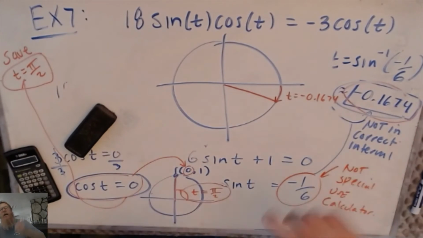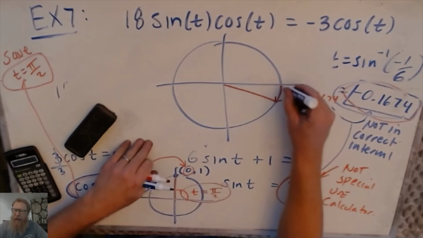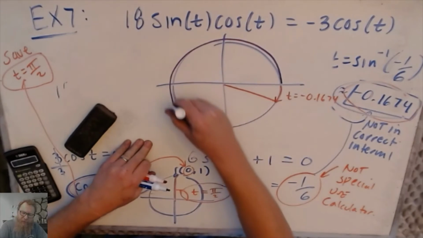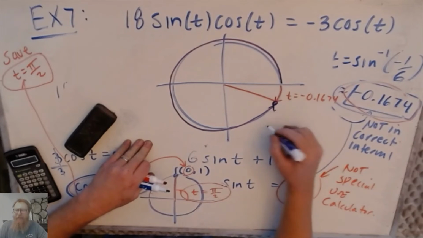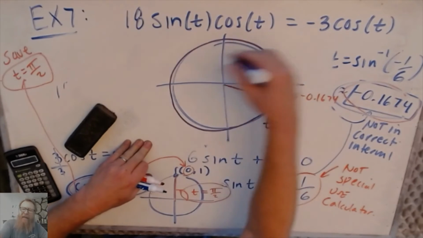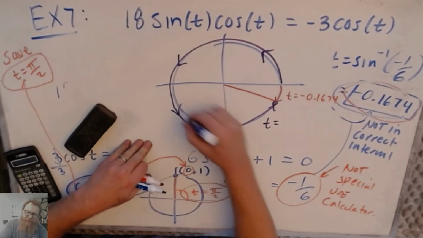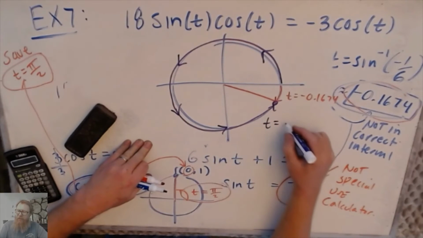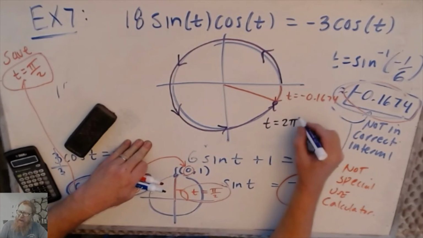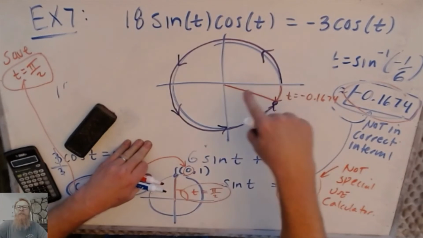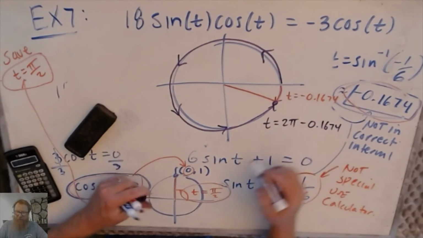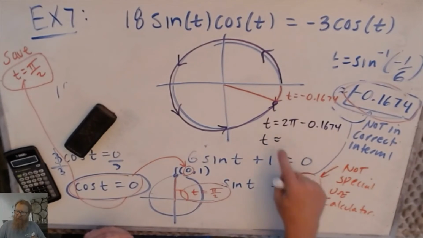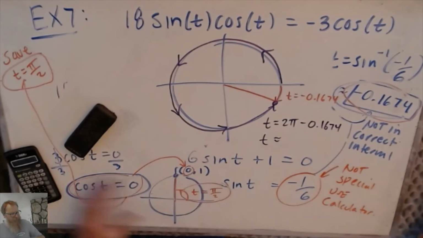But we want to go around the other way. We want to go around counterclockwise and stop at the same point. So going around counterclockwise, you're going to do 2 pi, which is 1 whole rotation, minus 0.1674. That will put you in the proper interval.